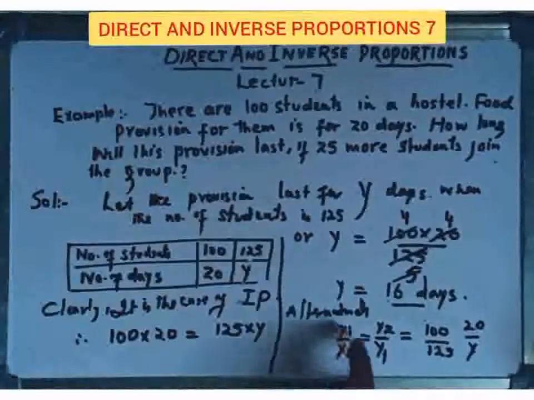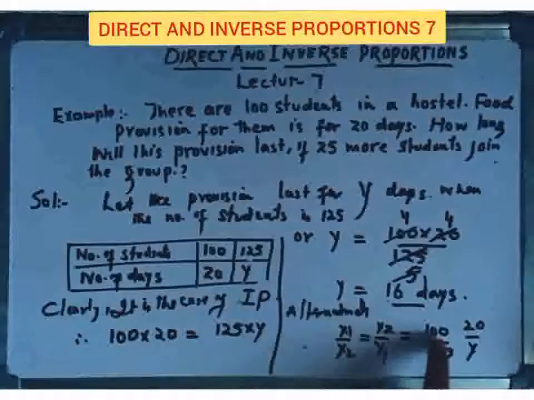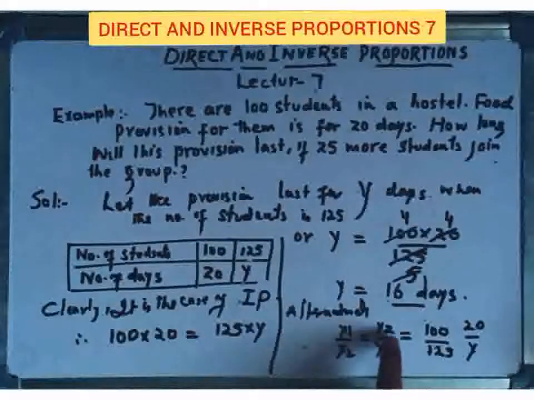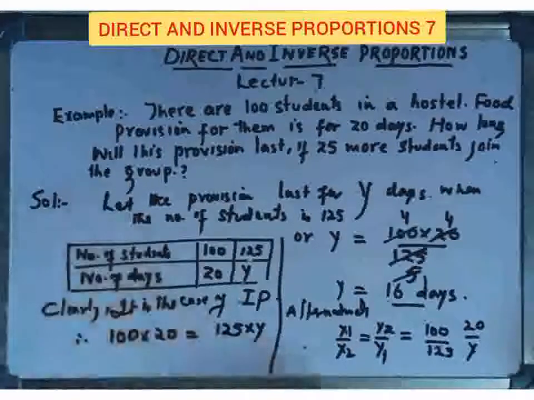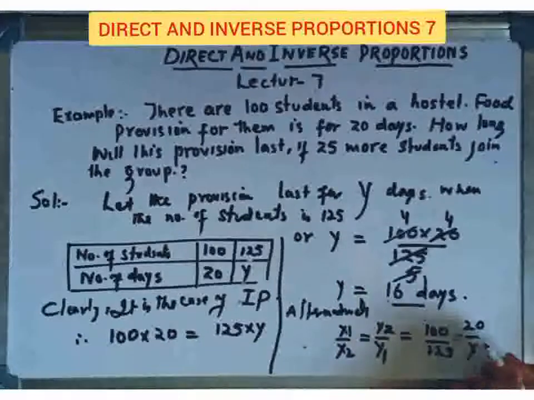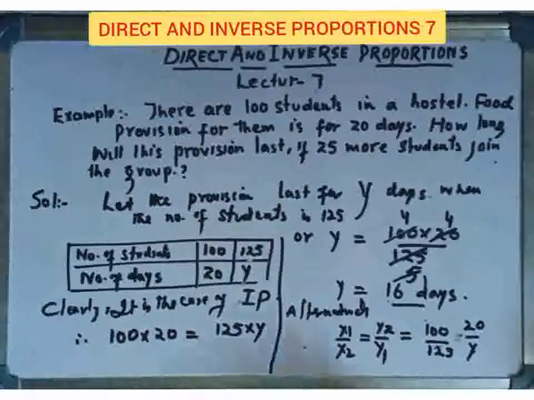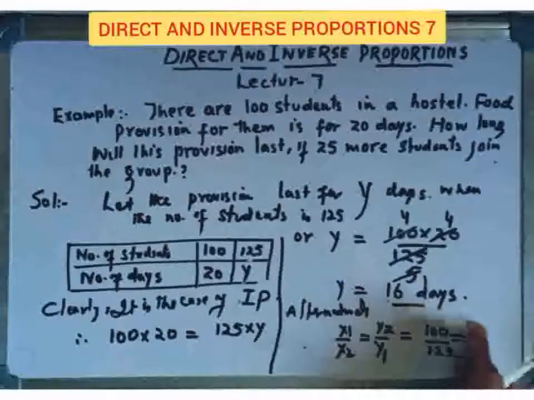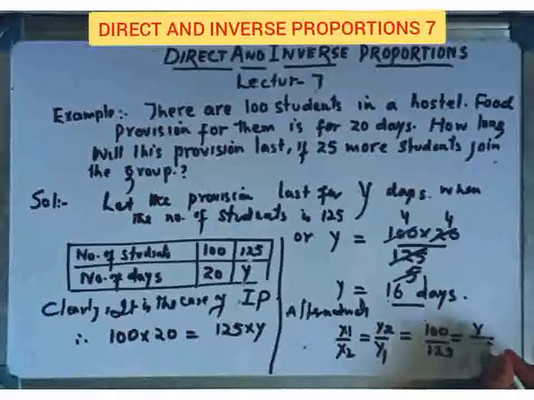Okay, so x1 means 100, x2 means 125, y2 means y, and y1 is 20.